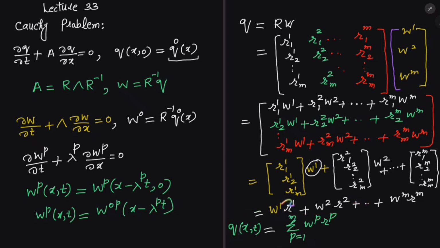You got w1, w2, wp, wm from here, and R is already known. These are the eigenvectors. We multiply these together and we get q, and the q is the solution of this Cauchy problem. Thank you for watching.